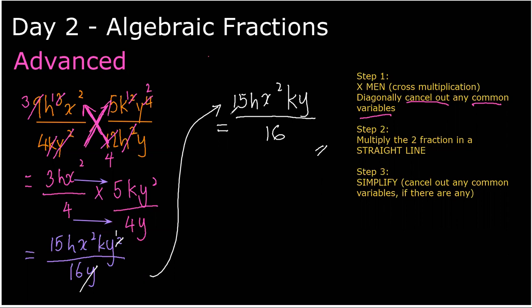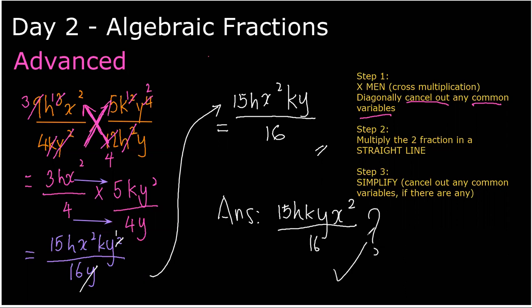All right, so what if the arrangement is different from mine? For example, if your answer you present like maybe 15 and you have h and then maybe k is here, y, and then x squared. Is this still considered correct? The answer is yes, because all these are multiplied together, so the arrangement doesn't really matter as long as the powers are correct.